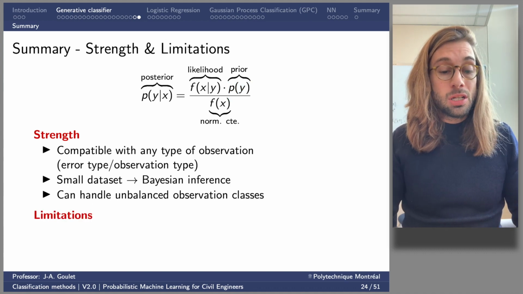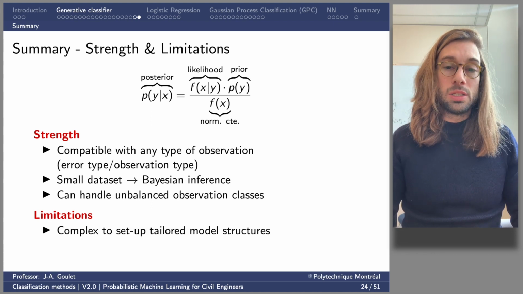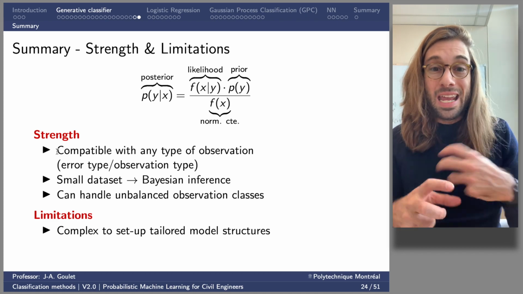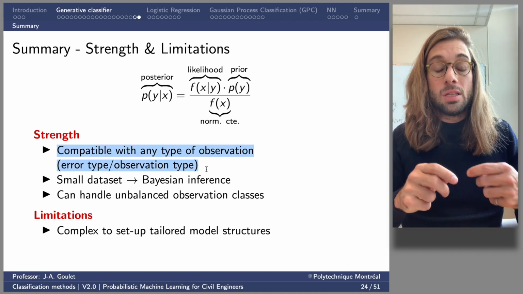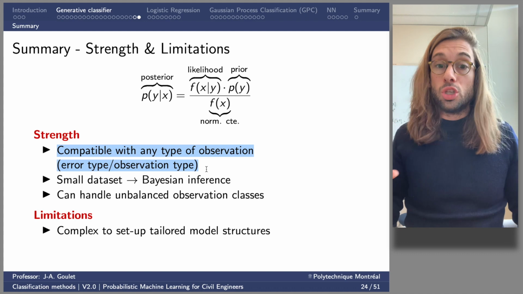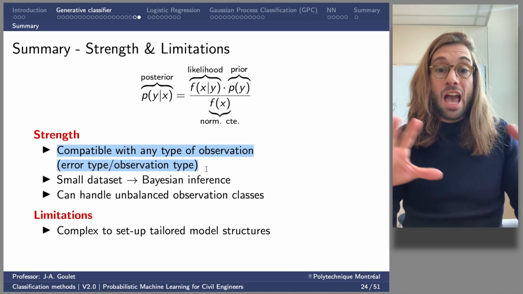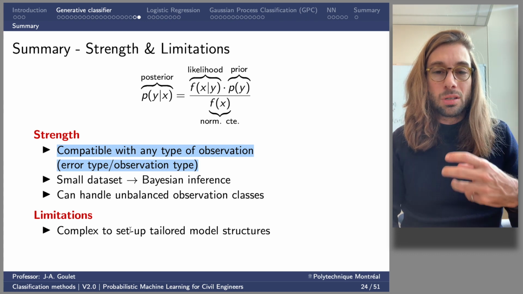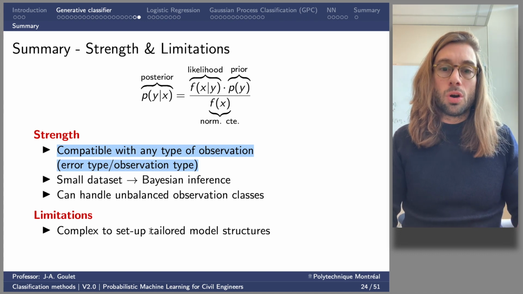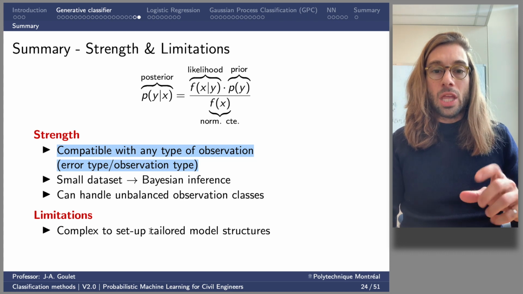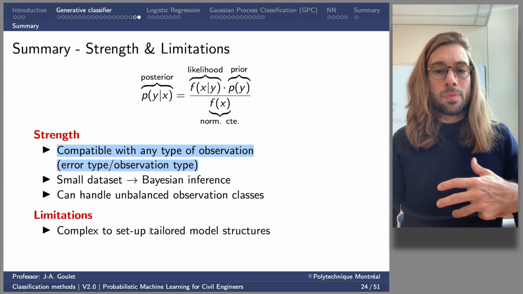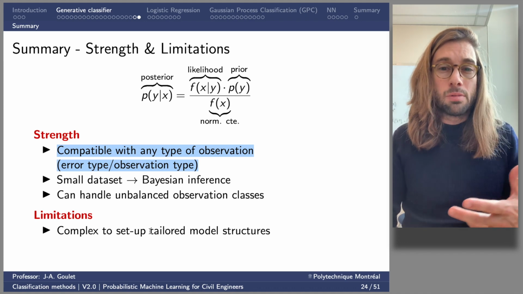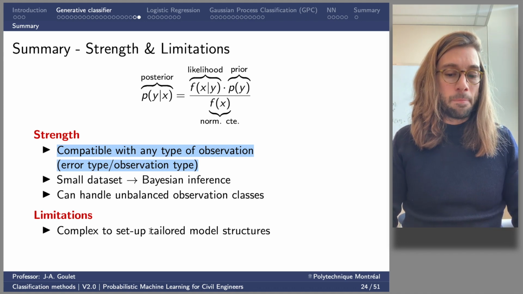In terms of limitation, it's fairly complex to set up, okay? In the same way that we have a strength where we can adapt this to any kind of reality, you might need to define more things to use a generative classifier because everything is possible. So it's more suited for tailored complex model structures or complex data sets that have limited scope, because defining such a generative classifier for a large data set for a complex problem quickly becomes complicated.